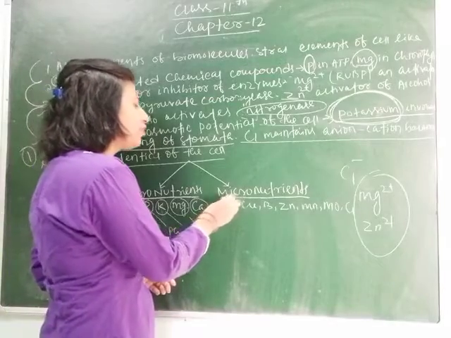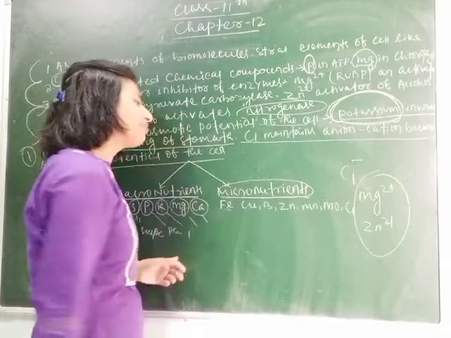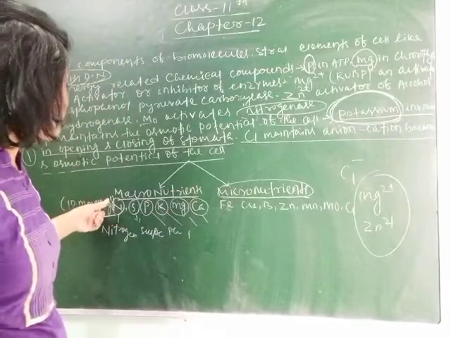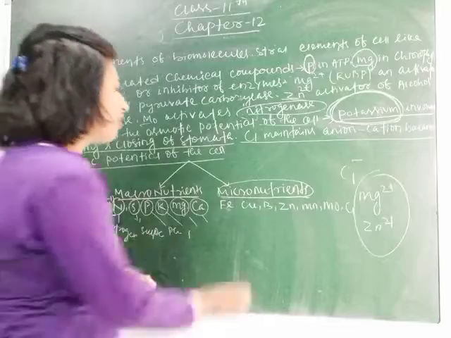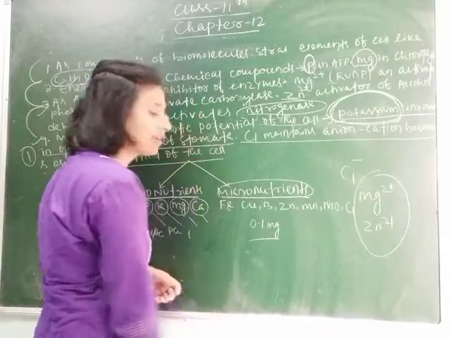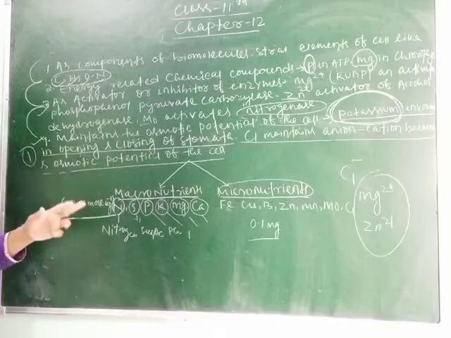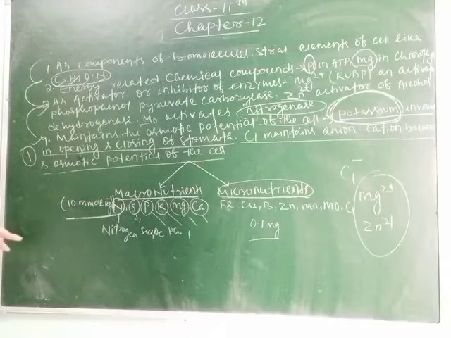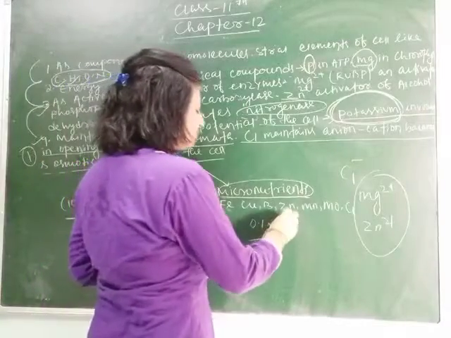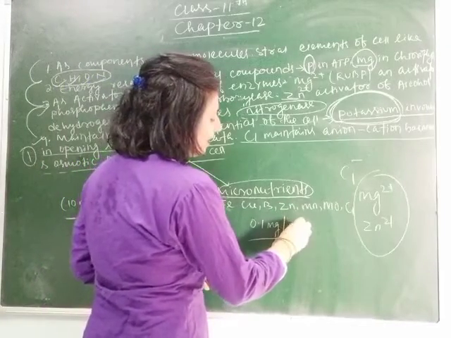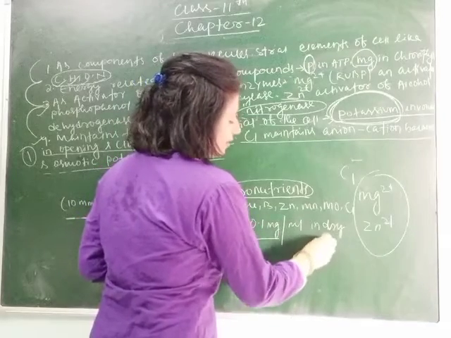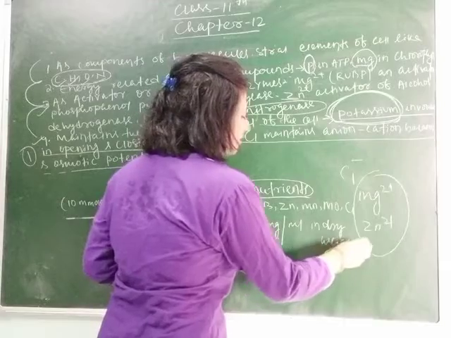And these are the micronutrients. Micronutrients are required by the plant in less than 10 millimole per kg, or we can say 0.1 milligram per ml in dry weight.